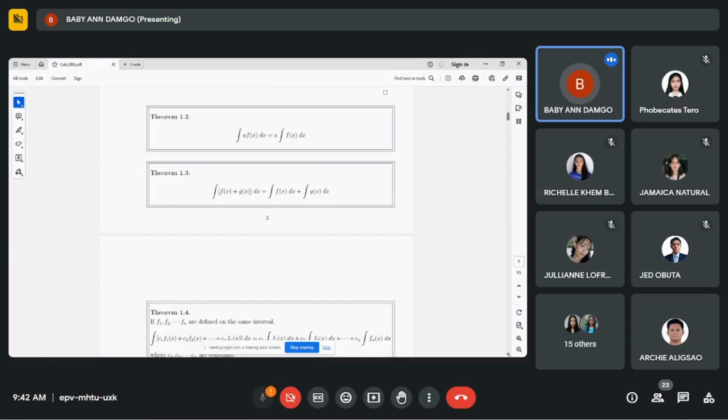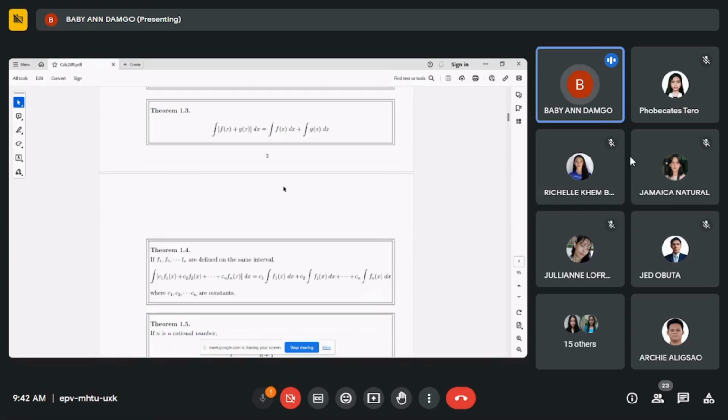For theorem 1.4, this is just the generalization of theorem 1.3. So it is possible to have three or four sums of integrals. Same idea, the constant is still taken out of the integral.